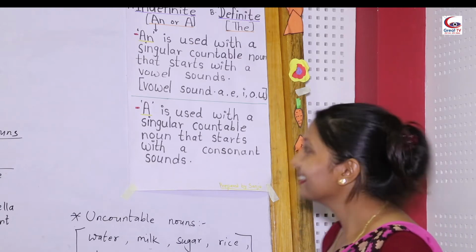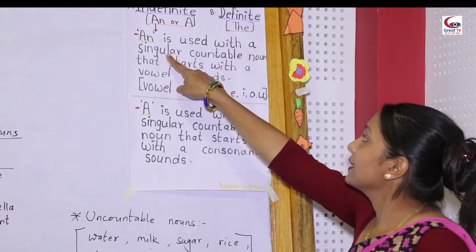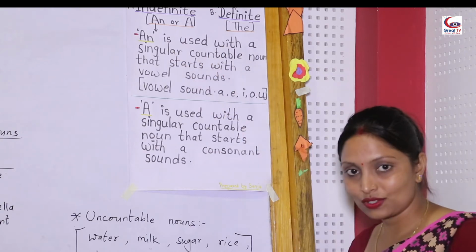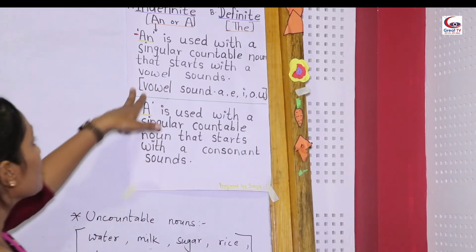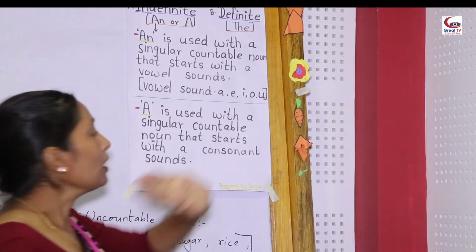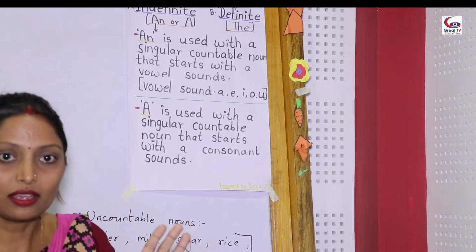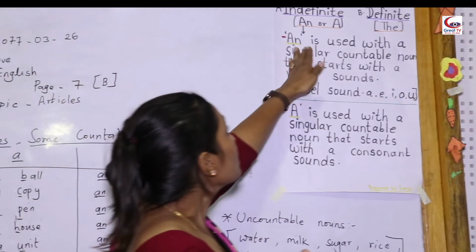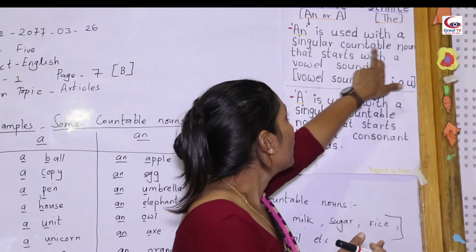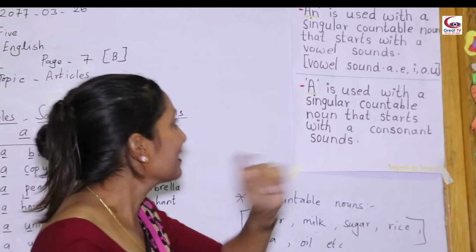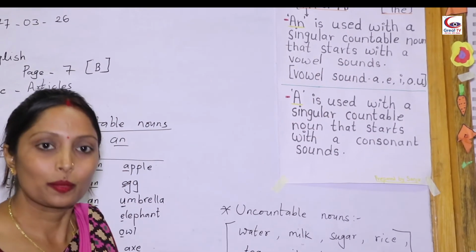Did you get this? Yes. To use an, the word must be a singular countable noun, not a verb or adjective; we can't use an with those. For the use of an, the word must be a singular countable noun that starts with a vowel sound.